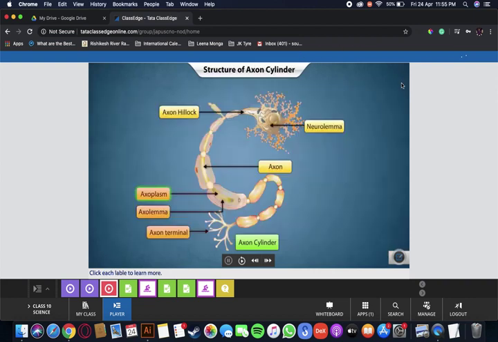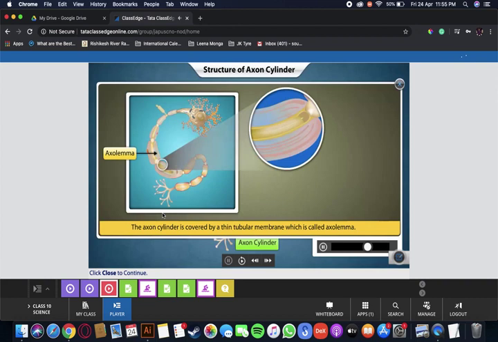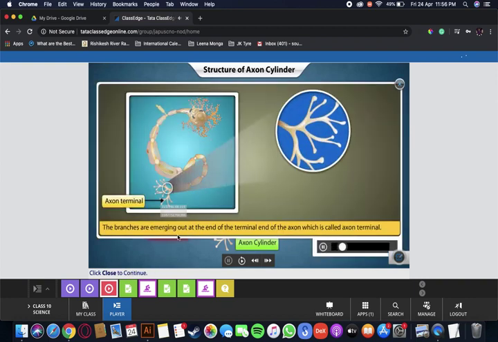Now know about axolemma. The axon cylinder is covered by a thin tubular membrane called axolemma. Now, what is the axon terminal? The terminal of an axon from which the branches emerge out is called the axon terminal.